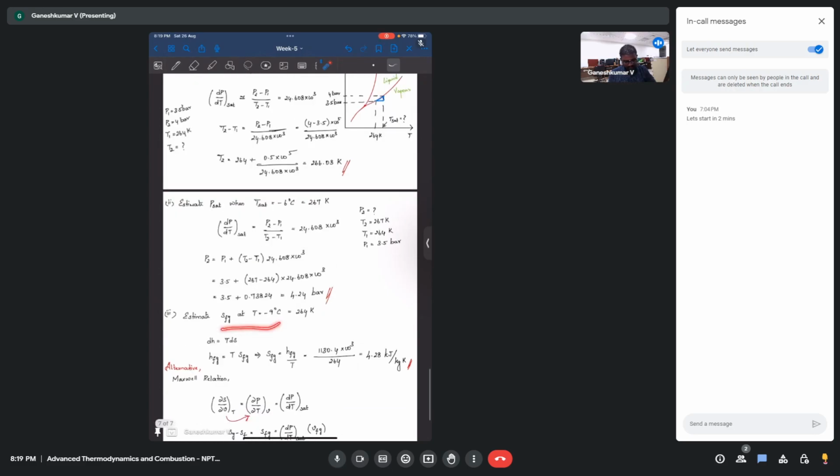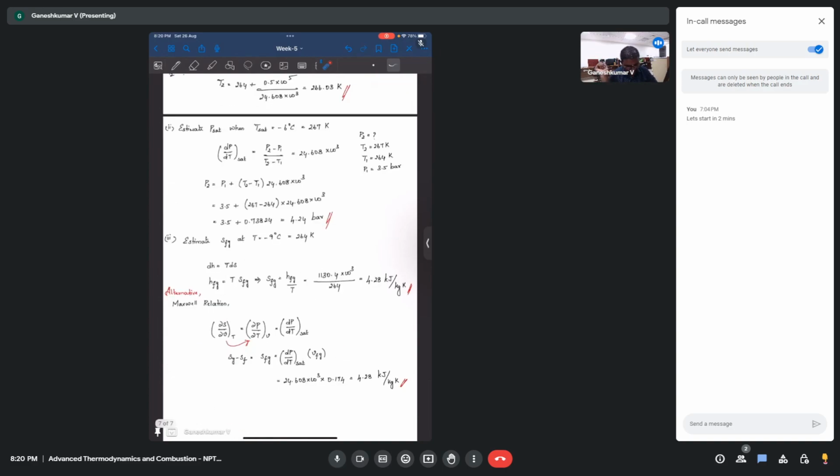We also found the entropy change, which cannot be physically measured in experiments with this piston cylinder device. We found that using the information about phase change, which is Tds equal to dh. It can also be found using the Maxwell relation.